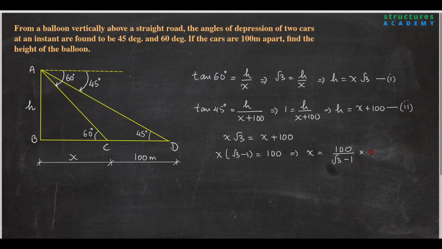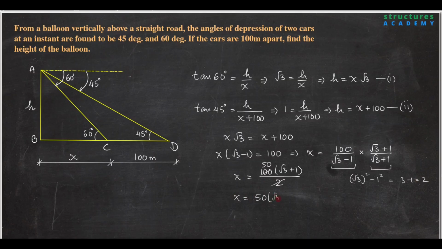So we multiply both numerator and denominator with root 3 plus 1, giving us x equal to 100 times root 3 plus 1 in the numerator, and the denominator becomes, this is a minus b into a plus b, so we get root 3 whole squared minus 1 square, which is 3 minus 1, that is 2. So this is 2 here, cancels with 100 to give 50. So x becomes 50 times root 3 plus 1 meters.